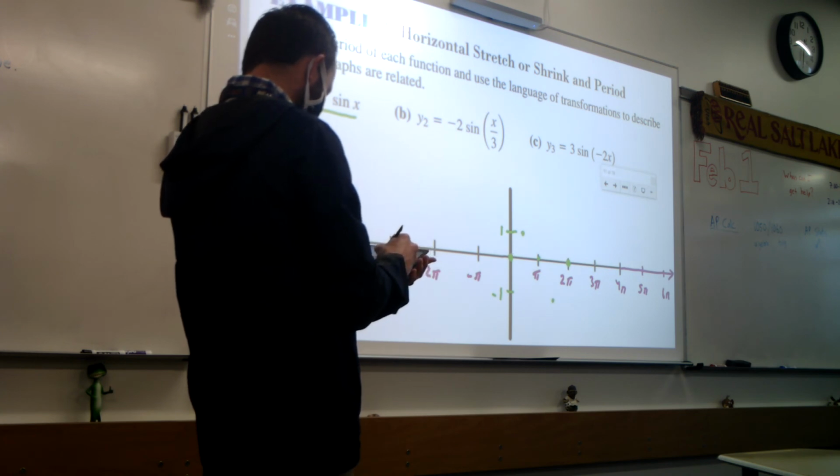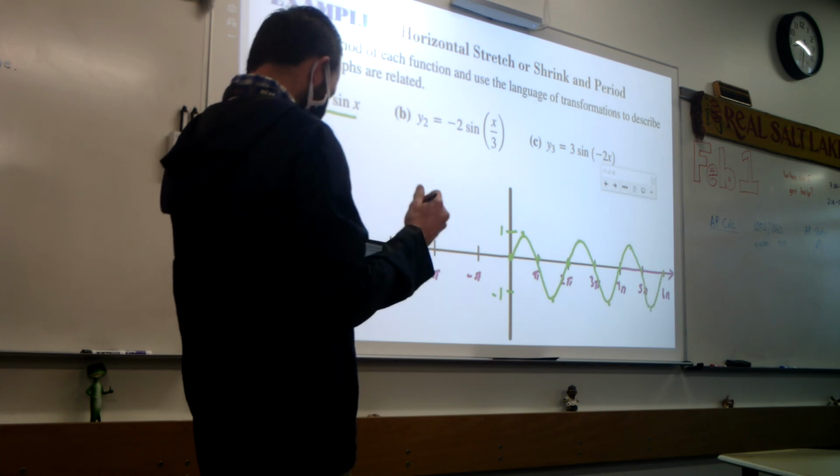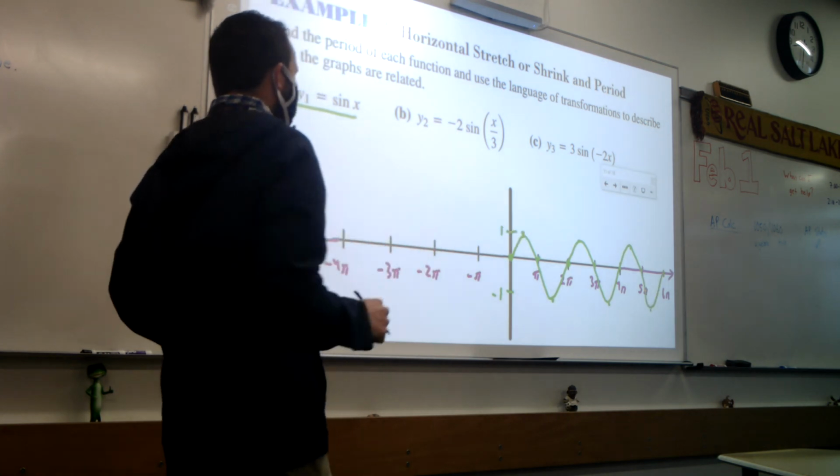Now I'm going to keep adding in this right here. So by the time we get to 6 pi, we've gone through 3 cycles. Up, down, back, up, down, back, up, down, back. Sometimes my graphs go a little more down, but you get the idea.